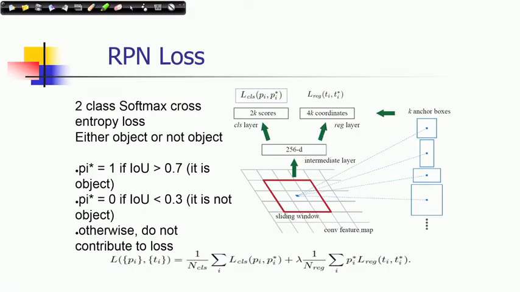This is the ratio of the intersection of the predicted region and true region divided by the union of the predicted region and true region. If this ratio is more than 0.7, then we call it 1. If it is less than 0.3, it is 0, and otherwise it does not contribute to the loss.